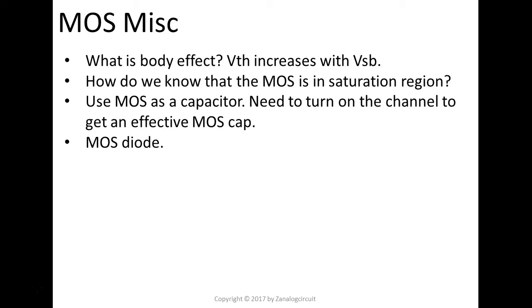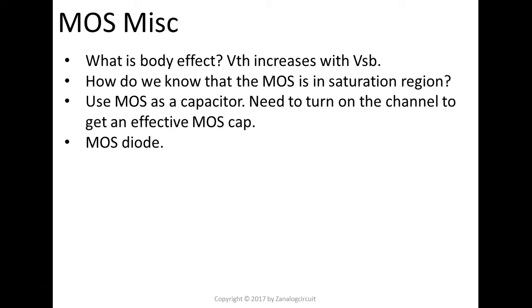Second one is, how do we even know that the MOS transistor is in saturation? As we said, most of the MOS in the analog circuit are in the saturation region. But how do we know? There are many ways. Different designers have different ways to do it. But usually, one of those is by looking at the voltage across VGS and VDS.